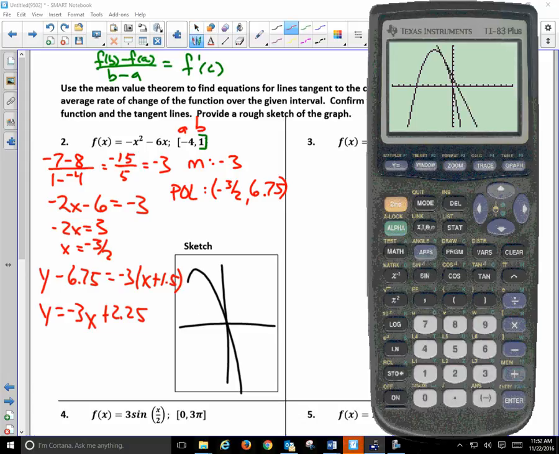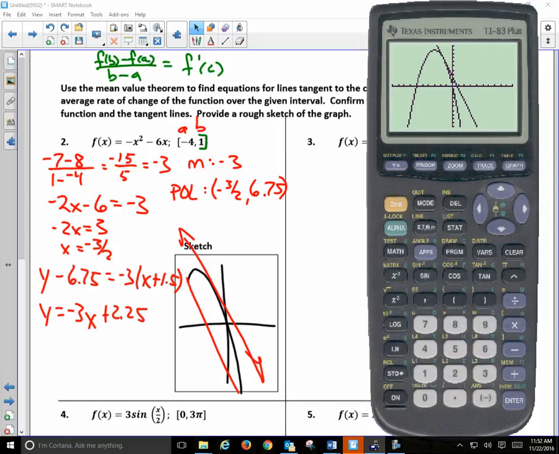If you look at where you started and where you ended, your tangent line should have a slope that's equal to that of the average rate of change, because I'm just going from value negative 4 to value positive 1.